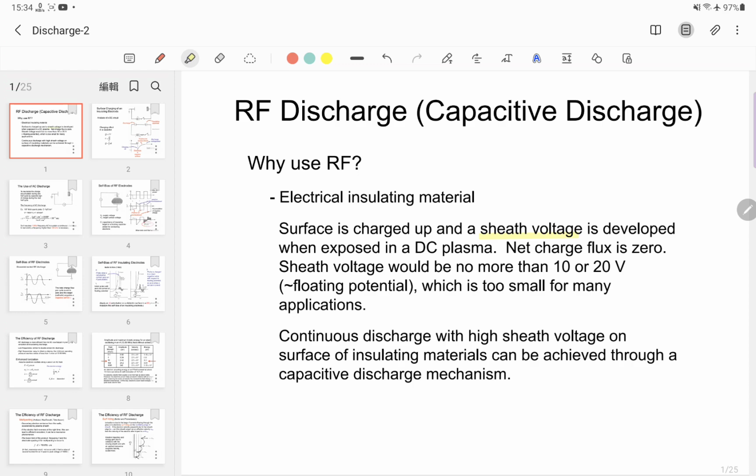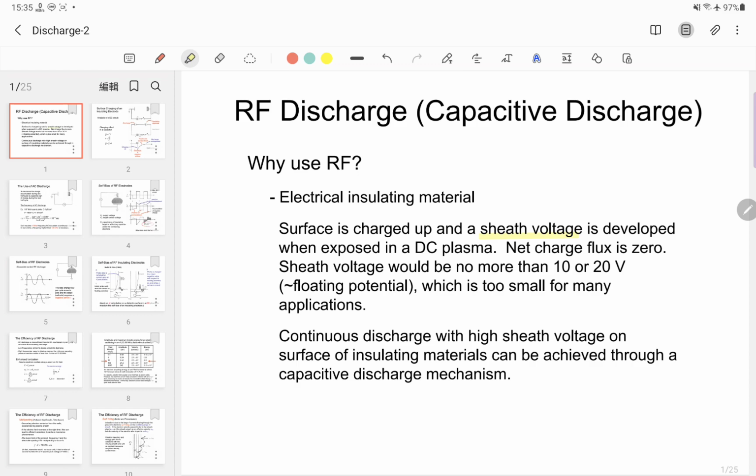So if you use a DC plasma and just let a piece of insulator placed inside the plasma, the sheath voltage cannot reach minus 50 or minus 100 volts. So in that case, one needs another way to generate a plasma, or to generate a high sheath voltage condition. Okay, so this is the first part of the importance of the RF power, or RF plasma.